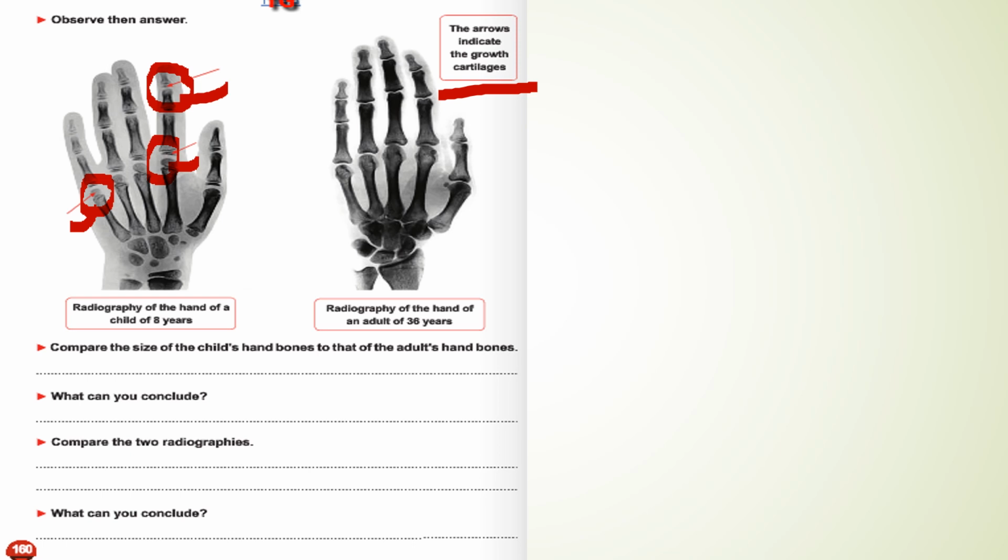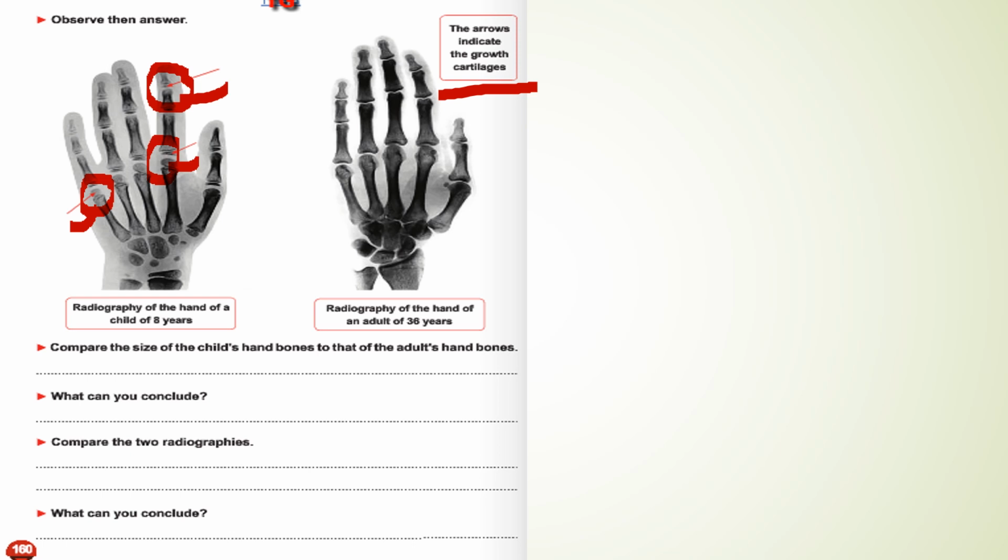Students, you have to know that the growth cartilage has a very important role inside our bodies. But why? Since it's responsible for the growth of our bones. But how? You have to know that the size of our bones increases till the age of 20 years because of our growth cartilage.